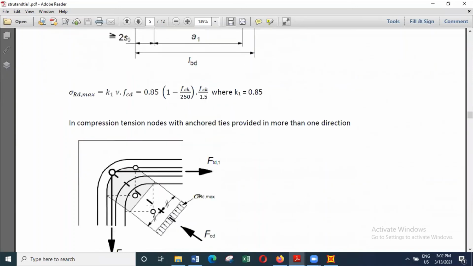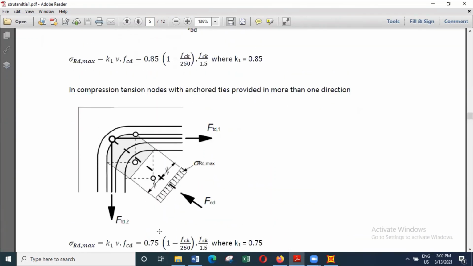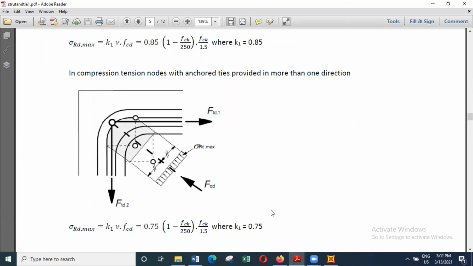But if you have a situation where you have compression and tension in two different directions, then it's given by 0.75 times the strength. So this is the strength of concrete, this is a strength reduction factor, and 1.5 is the factor of safety.